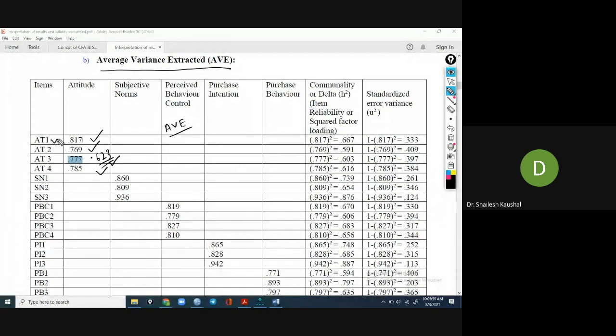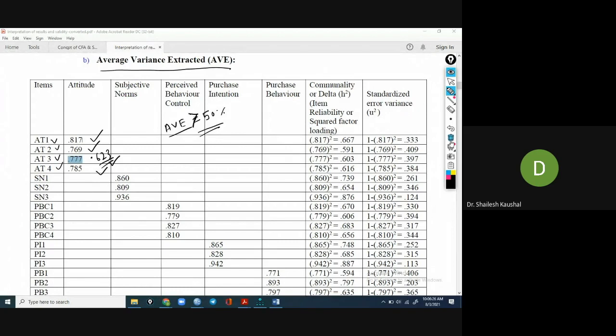Items means 4 questions. The average variance extracted should be greater than 0.5 or 50%. If it is greater than 50%, then there is no issue of convergent validity. It means my model constructs have good convergent validity.